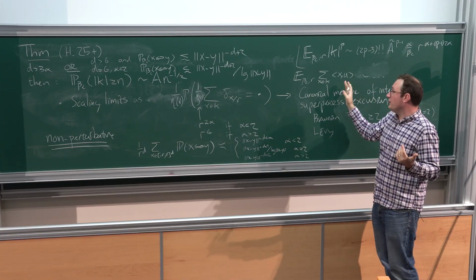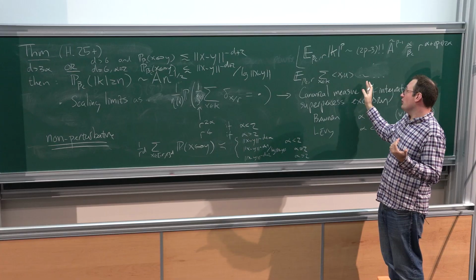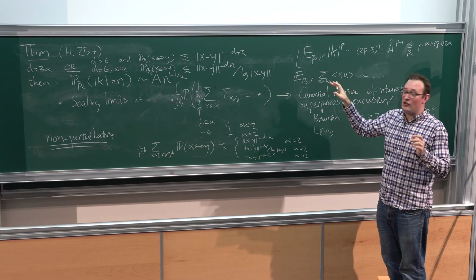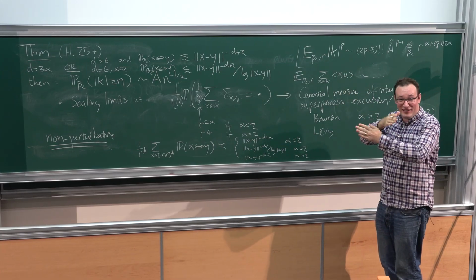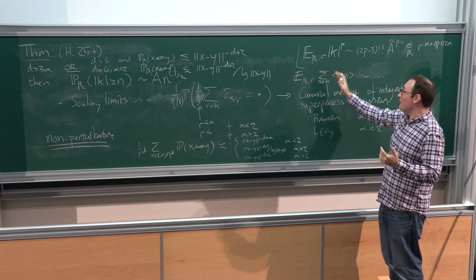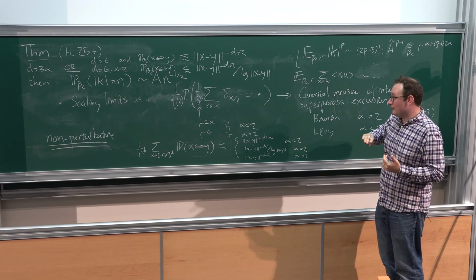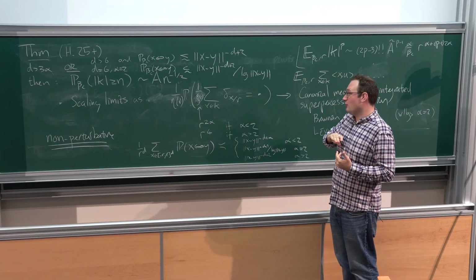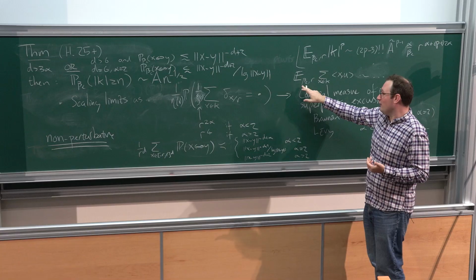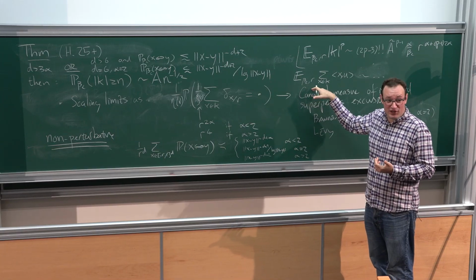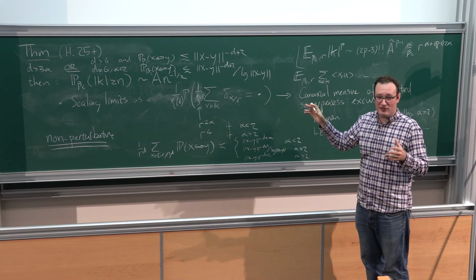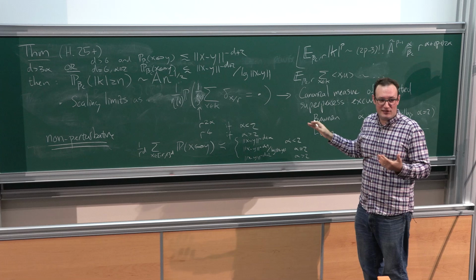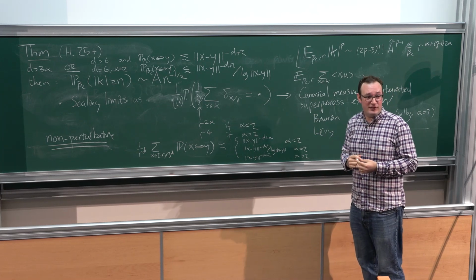If you do this for arbitrary quantities like this, with powers and more than one point and more than one vector, then it tells you something about the scaling limit of these models with the cutoff. And then again, you have to do some Tauberian-like analysis to get things about the model without cutoff.